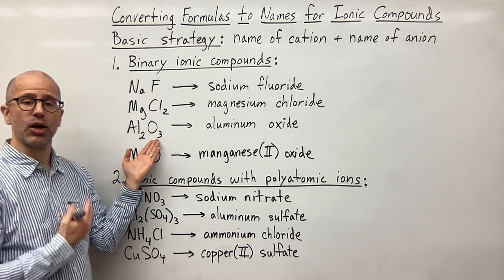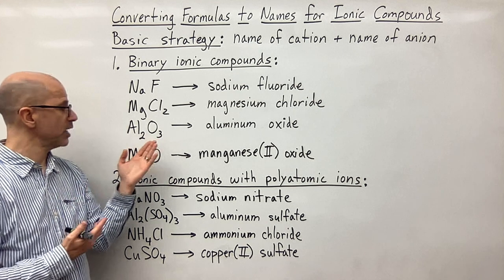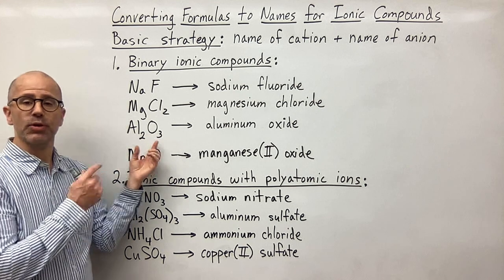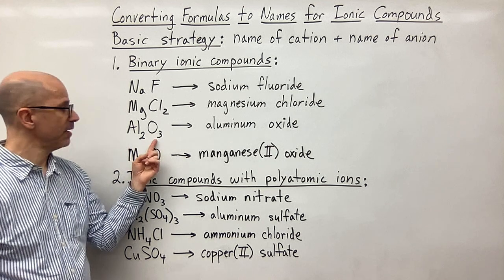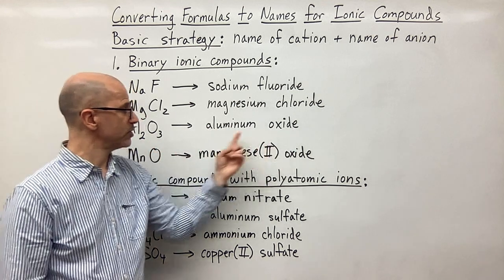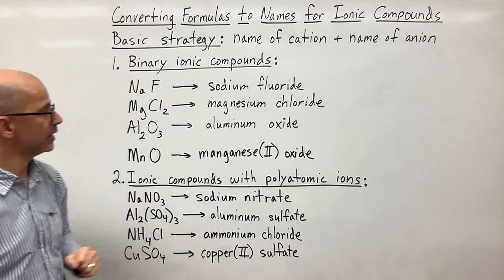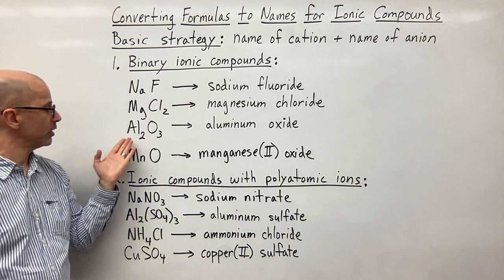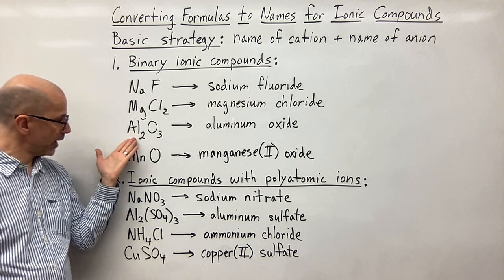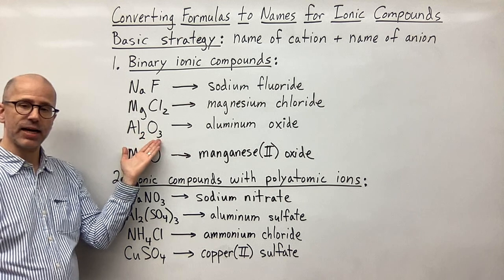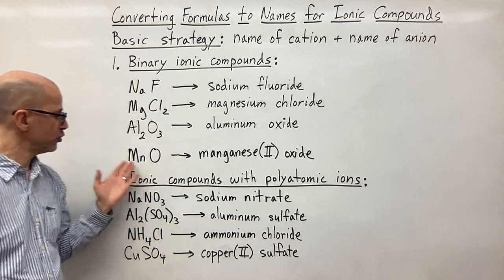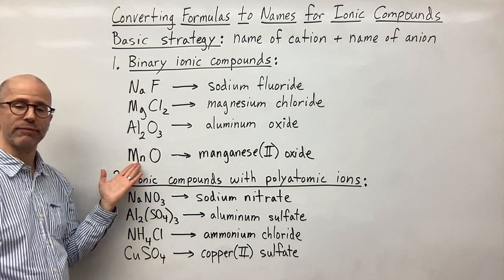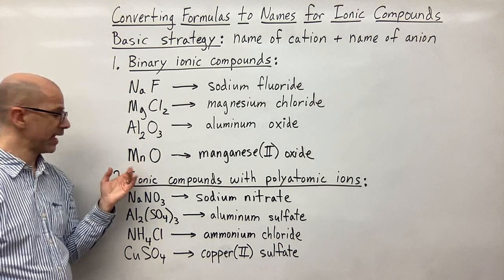So we name it according to the rules, according to the steps. So here, oxygen, we keep the root, drop the ending, add IDE, and we get oxide. So aluminum oxide is the name of that compound because we have the aluminum ion and we have the oxide ion, aluminum oxide.